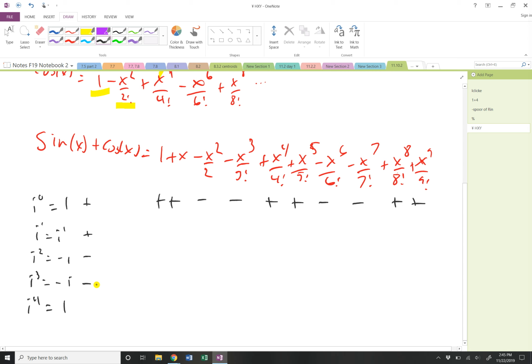Powers of i also go positive, positive, negative, negative. So maybe we can make a connection here.